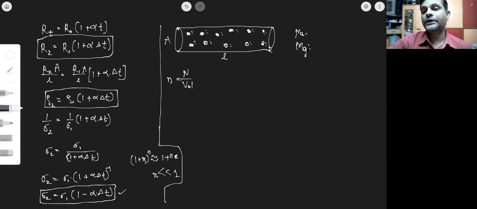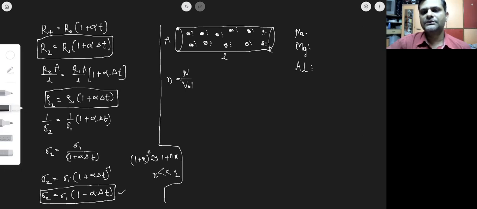And if we talk about aluminium, then there are 3 free electrons per atom. So if this whole conductor is made up of aluminium, if this is an aluminium wire, then from every atom we will get 3 free electrons. These 3 electrons are of this aluminium atom, and these 3 electrons are of this aluminium atom. Each aluminium atom will provide 3 free electrons, right?